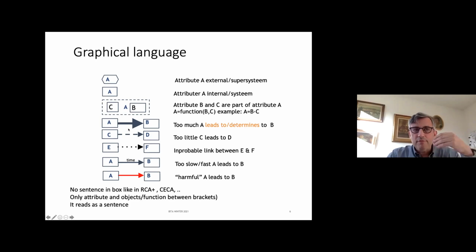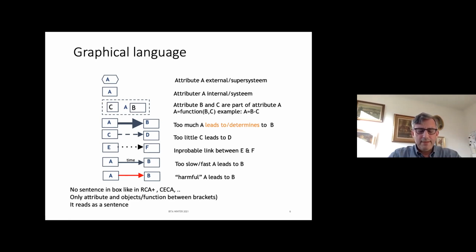And then, from a traditional function modeling point of view, you would have: too much A leads to B, and too little C leads to D, and improbable E or too slow A leads to B, and harmful A leads to B. So this is the modeling we started to use in the beginning.